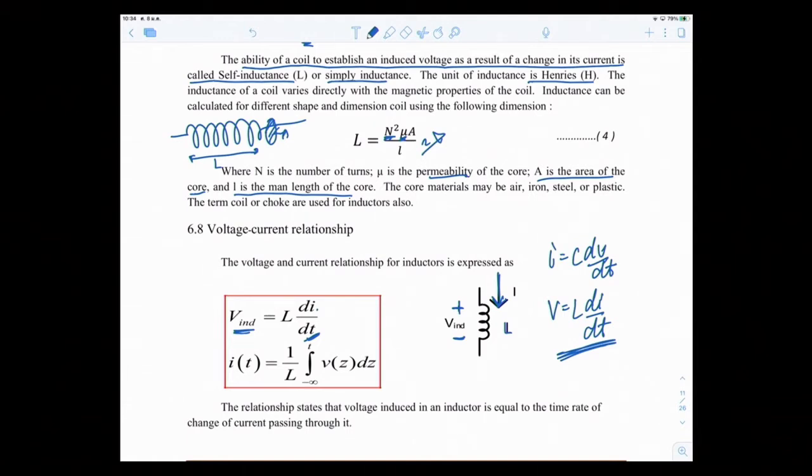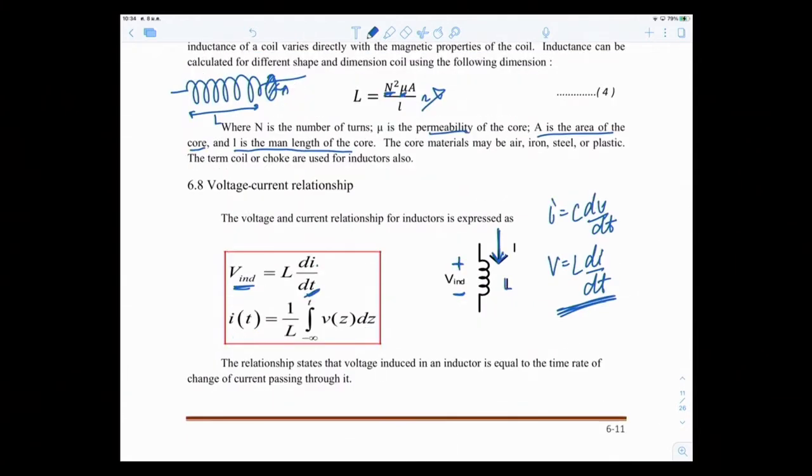Please remember that too. And this is the formula to find the current i.